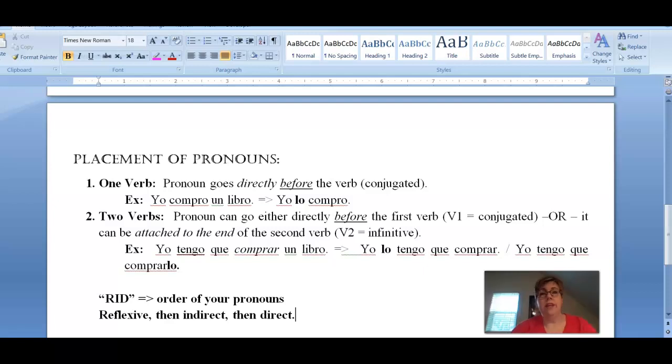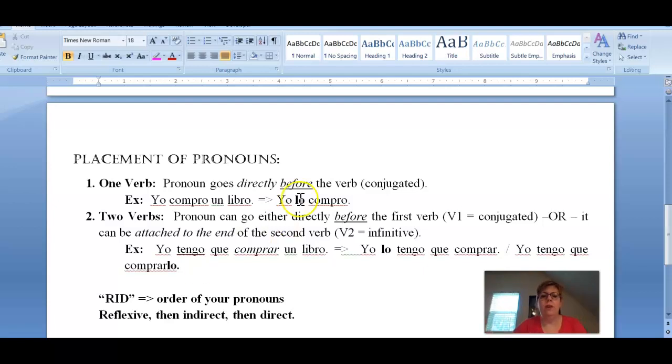Now, interestingly though, you will never have a reflexive and an indirect in the same sentence because the indirect is the person who's receiving the action of the verb, right? Or receiving the object. So an indirect, in a sense, is technically a reflexive. So you won't ever have those together. Normally, it's going to be indirect and direct that are together. So your indirect would go first and then direct. So rid helps you remember because it's like rid bug spray. So reflexive, indirect, then direct.